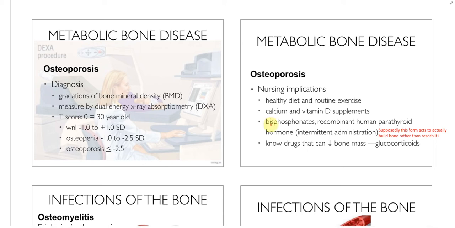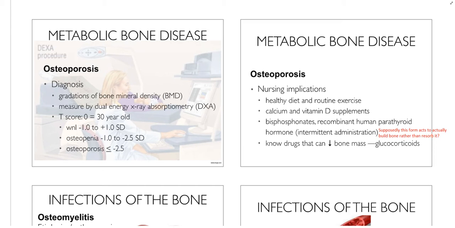We also may give them biphosphonates, I don't remember what those are, and recombinant human parathyroid hormone in intermittent administration. I tried looking this up. I'm not quite sure how this is beneficial because parathyroid hormone itself is going to end up promoting resorption of bone or calcium into the blood, making it so that there's even less calcium in the bones.